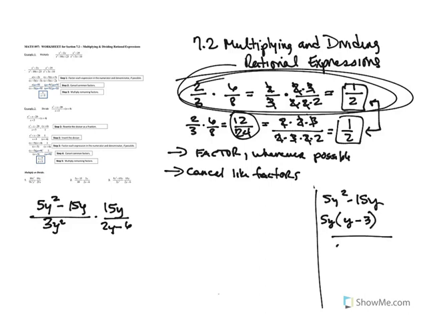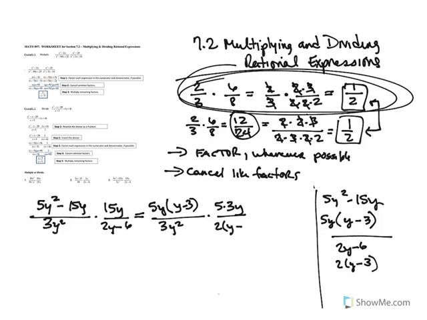And then 2y minus 6 has a GCF of 2. All right, so 5y, y minus 3, over 3y squared times, I'm going to break down my 15, that's 5 times 3. And then my 2y minus 6 is going to be 2 times y minus 3.